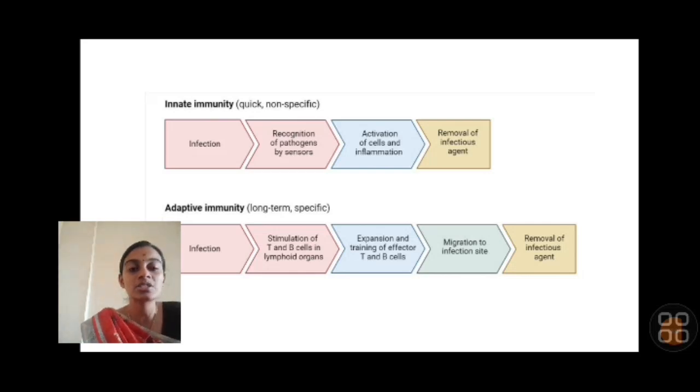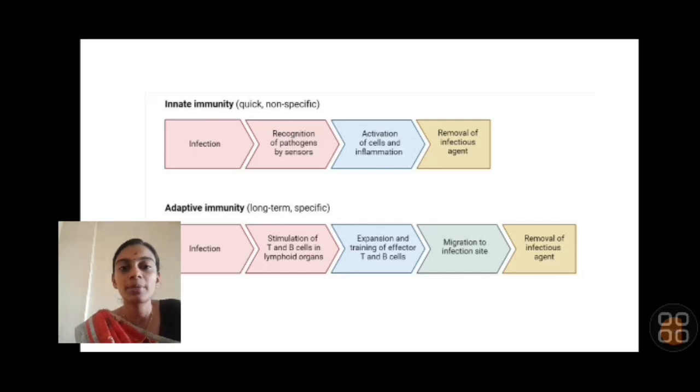Adaptive immunity is long-term and specific, and once the infection is onset, it leads to the stimulation of T and B cells in the lymphoid organs. This leads to the expansion and activation of the T and B effector cells, and these cells produce antibodies, and thus the infectious agent is removed.